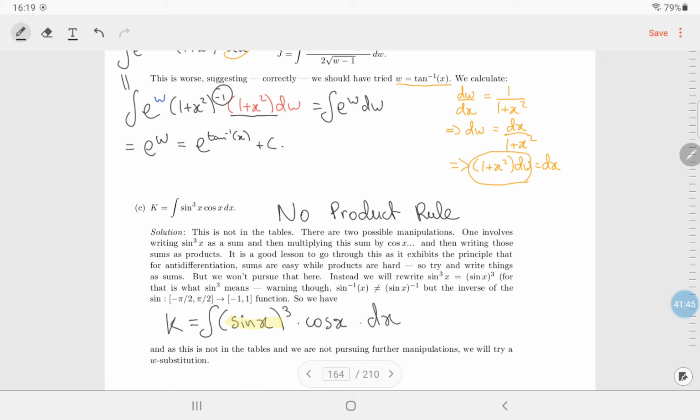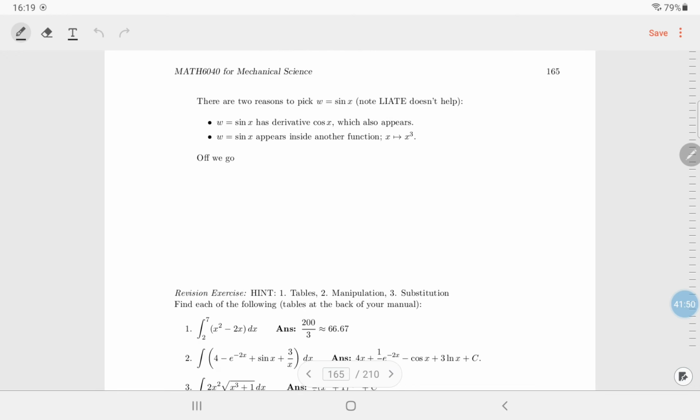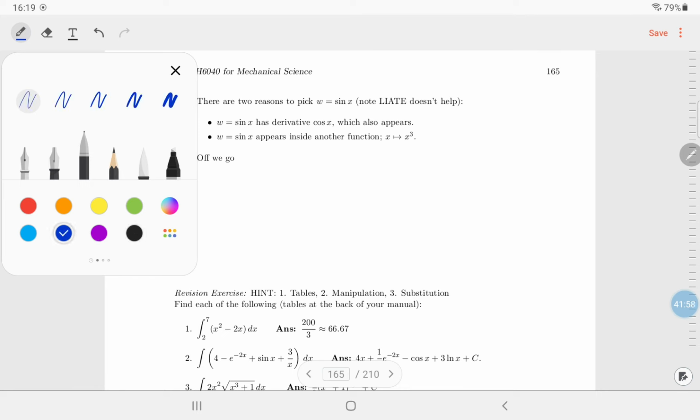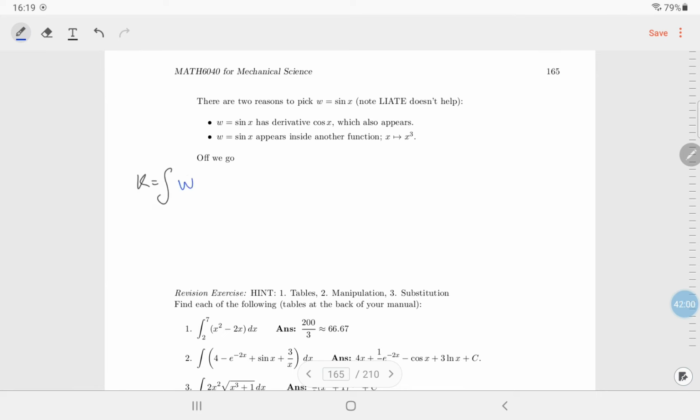The other reason is that sine is inside something else. So those are the two reasons you'd pick it. Off we go. The integral was called k. We're saying w equal to sine, so sine cubed is now w cubed. Cos x is just sitting there.